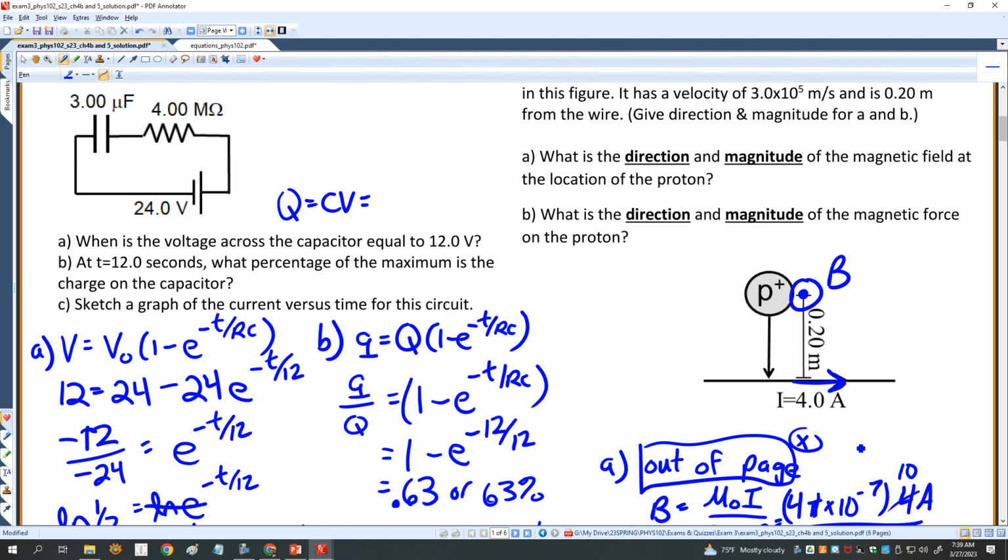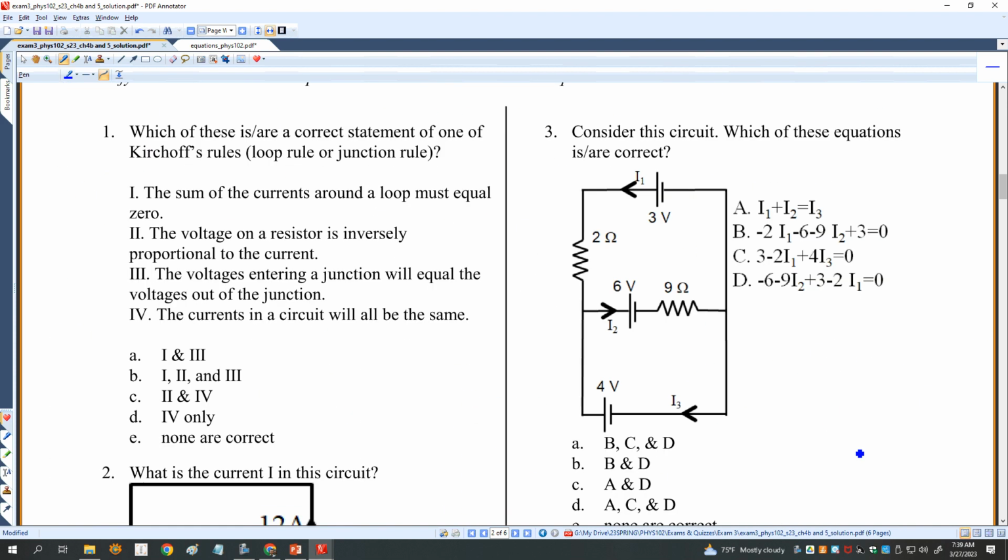So let's look at multiple choice. Which of these is a correct statement of Kirchhoff's rules? Remember, that was either the loop rule or the junction rule. The sum of the currents around the loop must equal 0. Not true. It's the sum of the voltages. The voltage on a resistor is inversely proportional to the current. Let's see, I know that the voltage is equal to I times R. That means it's not inversely, it's directly proportional.